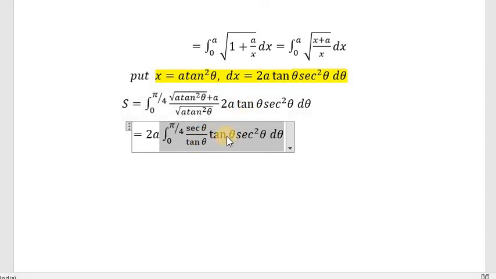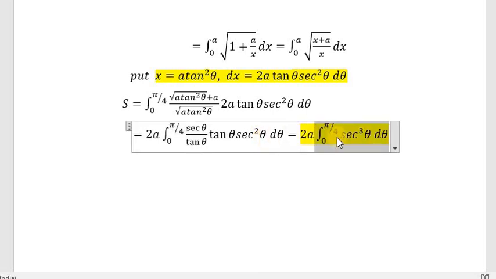Then tan theta and secant square theta d theta. Now by simplifying this again, cancelling tan theta, we get secant theta into secant square theta, that is nothing but secant cube theta. So 2a integral 0 to pi by 4 secant to the power of 3 theta d theta.